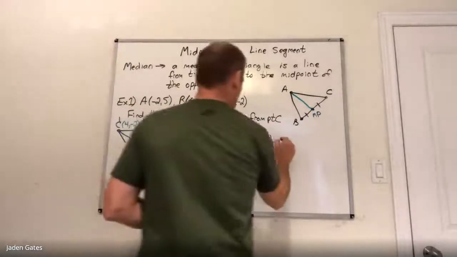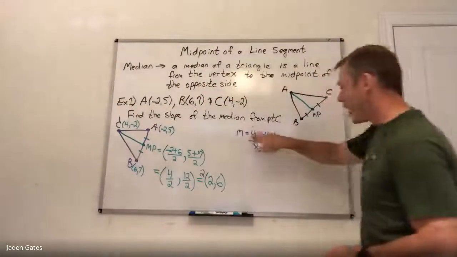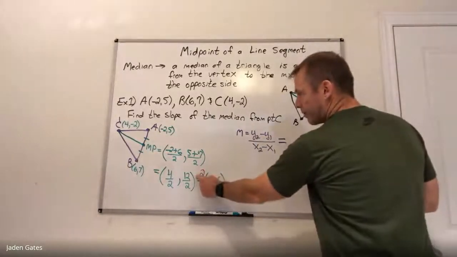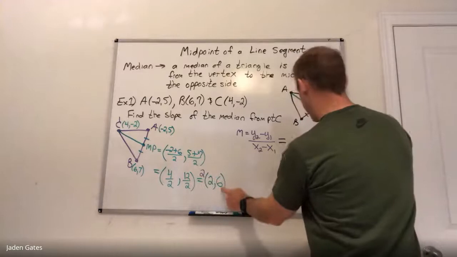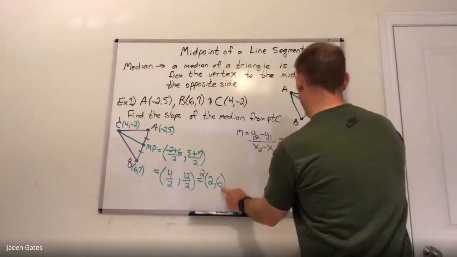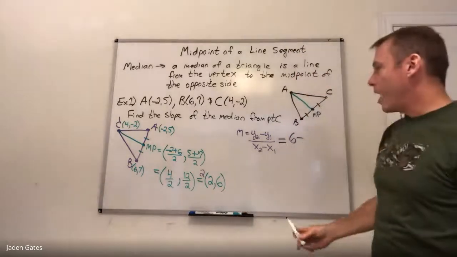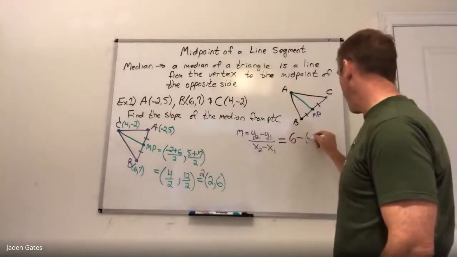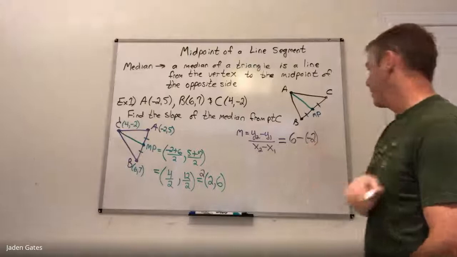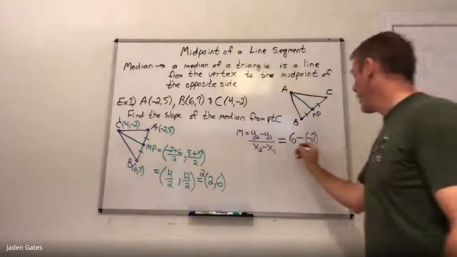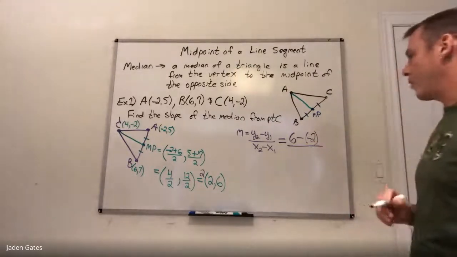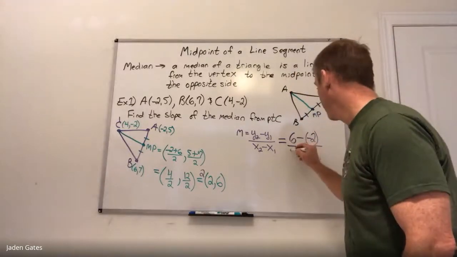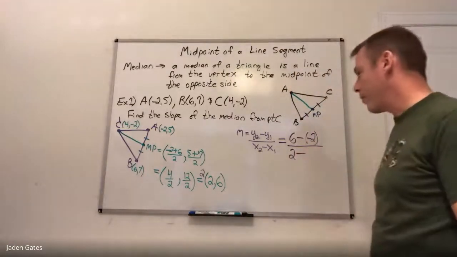All right, so then I go over here. My y2, the y coordinate of my second point. I said my second point is the midpoint, and the y coordinate is 6, minus the y1, which is -2. So I have a minus sign in the formula and a minus sign on that number. All right, so that's the y2 minus y1. x2, second point, x coordinate, so I have a 2. Subtract, because that's in the formula.